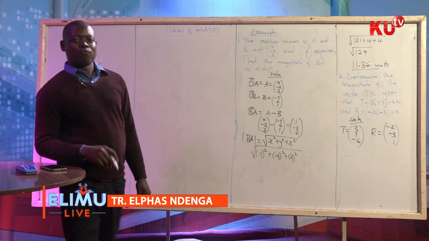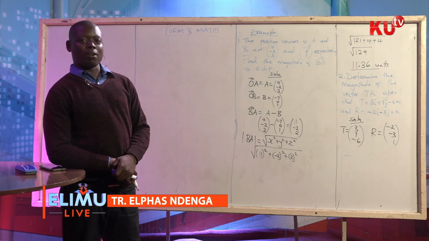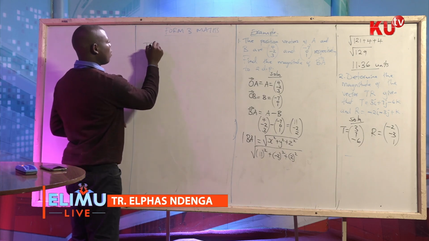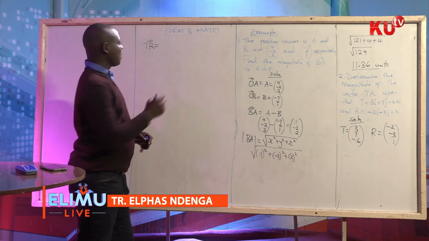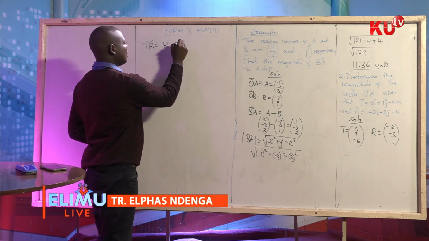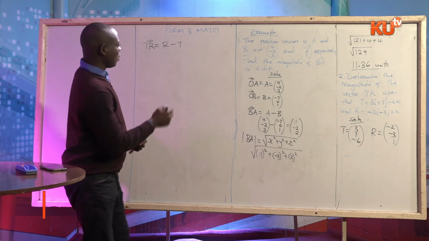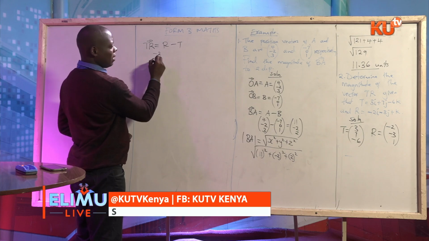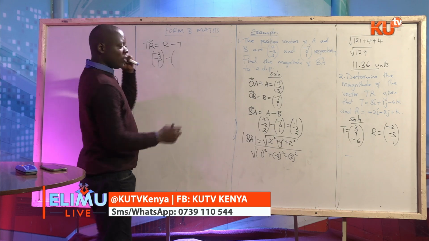Step number 2. Somebody else to try? Good. TR. We now express TR as a column vector. What is it going to be? R minus T. So let's have it here: negative 2, negative 3, 1, minus, what is T, students?